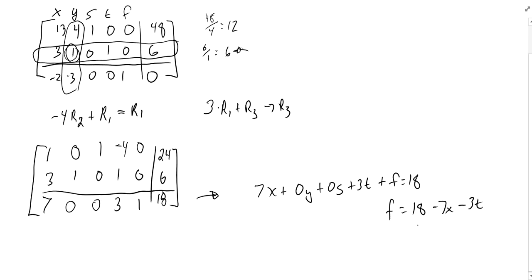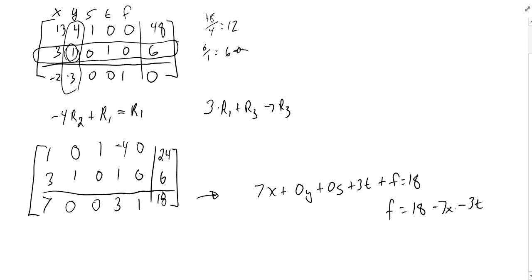And my goal is to try to make f as large as possible. And all my variables have to be 0 or greater. So if I take x for anything other than 0, it's going to subtract from the 18. If x is equal to 1, I'm going to have 18 minus 7, and that's going to give me 11. It's going to give me a smaller number. So the biggest I can make f is if I let x equal 0 and t equals 0.